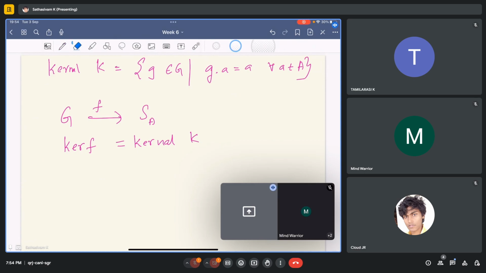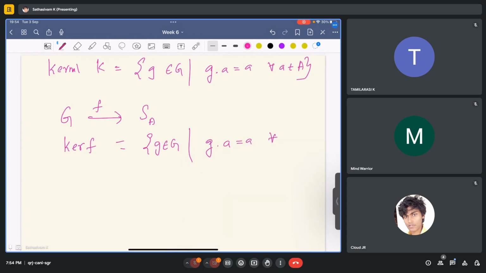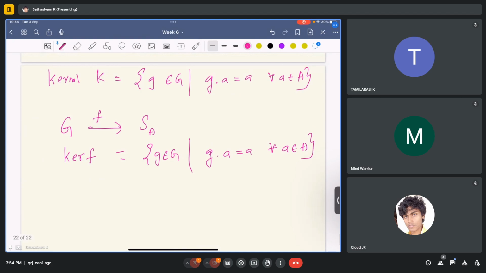So basically the kernel K is the set of all g in G such that g·a equals a. Okay, so let's try to prove it. If you have two sets and you want to show they are equal, we prove containment.